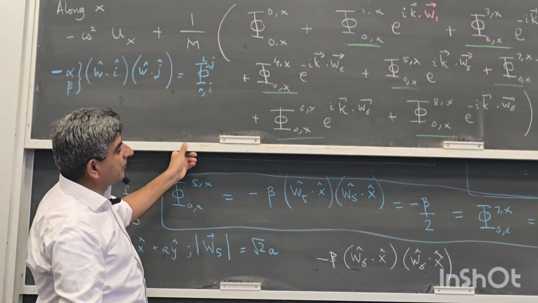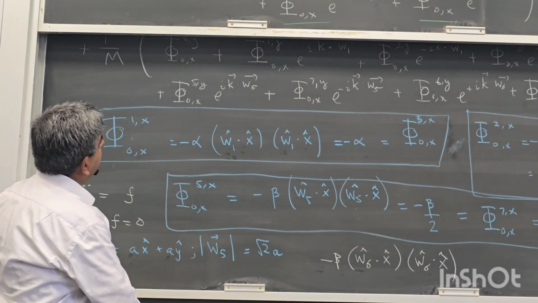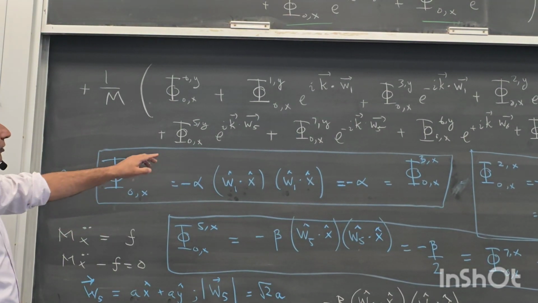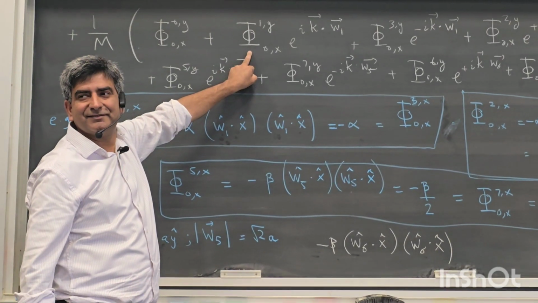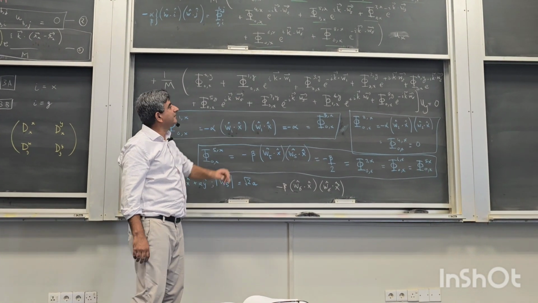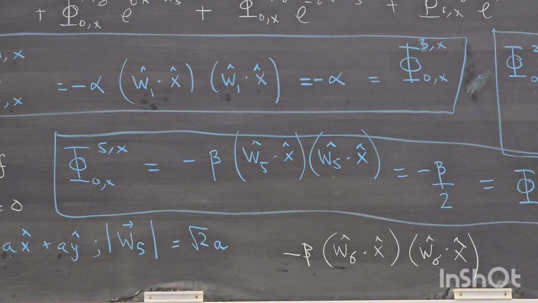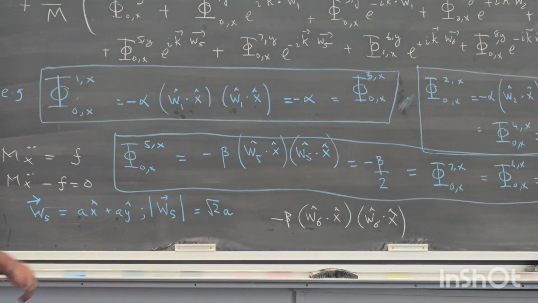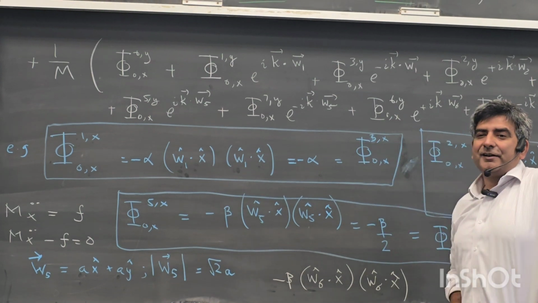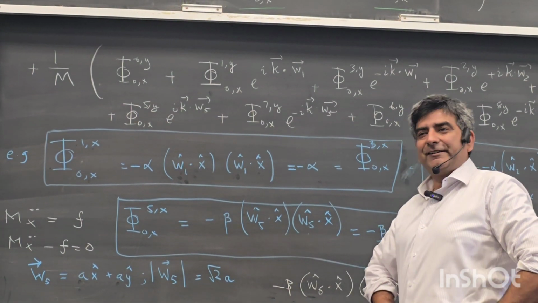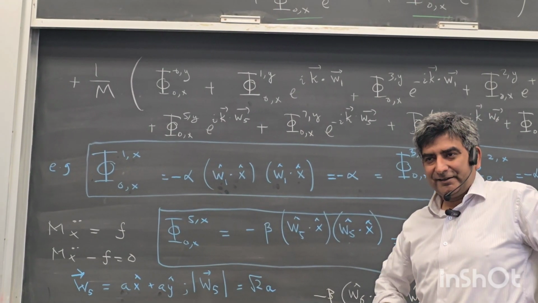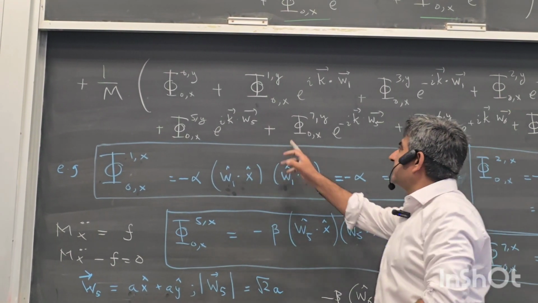Okay. So now I need to compute these cross phi's. Right. So if I look at 0x and 1y, so these are the nearest neighbor interactions and they're along x and y. The interatomic vectors are along x and y. But I need the projections along x and y.